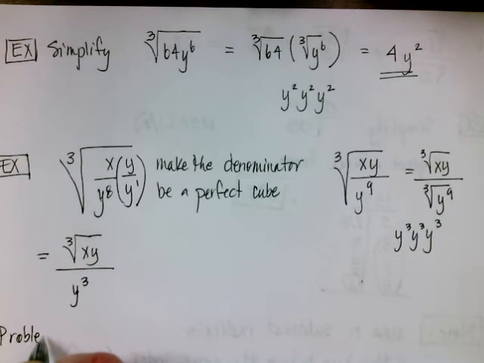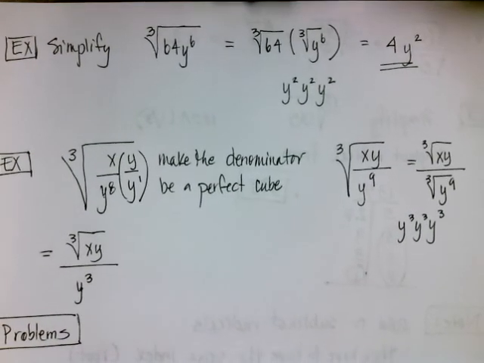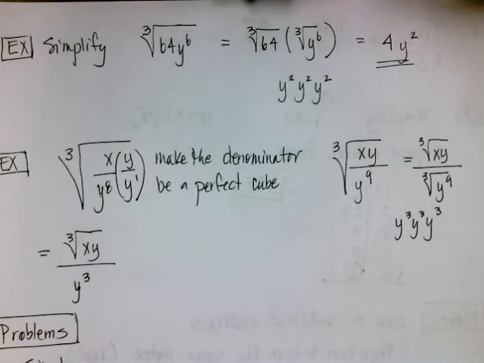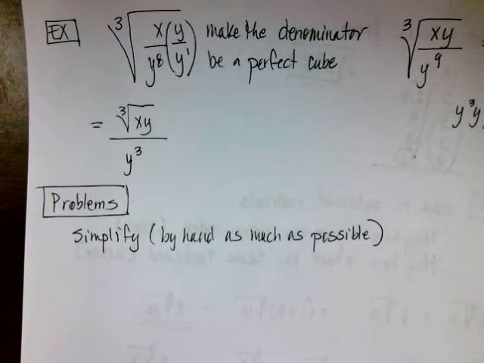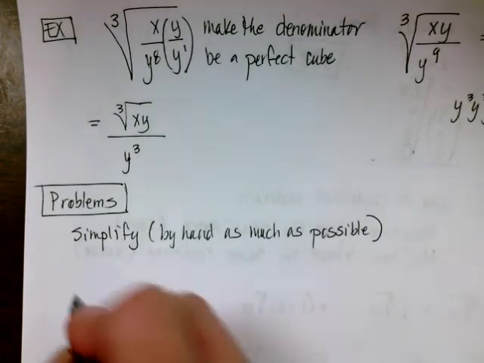Alrighty. Now let me give you your problems. Just a few to do. First set, simplify. And I want you to do it by hand as much as possible. Even if you have to use your grapher, you need to show me all of your steps. So I want you to simplify by hand as much as possible.